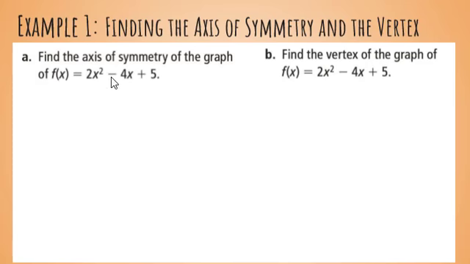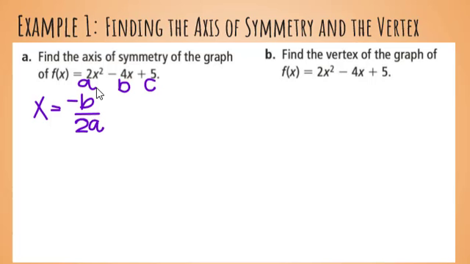So for example 1, we're finding the axis of symmetry and the vertex. So we have our equation here, f of x equals 2x squared minus 4x plus 5. So I'm going to go ahead and label these with my a, my b, and my c values. So again, that formula to find the axis of symmetry is x equals negative b over 2a.